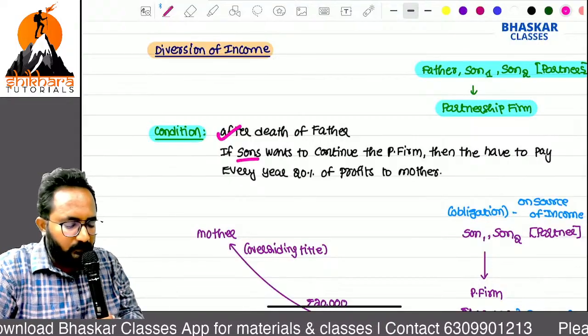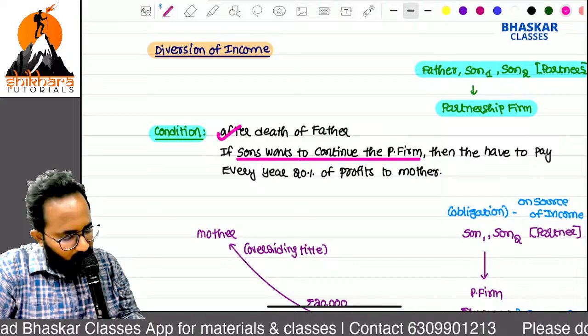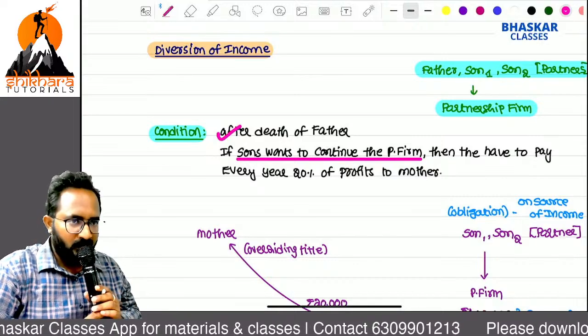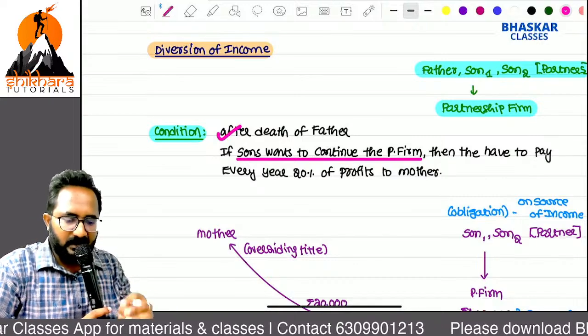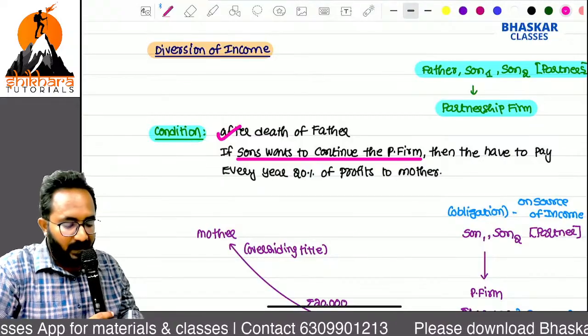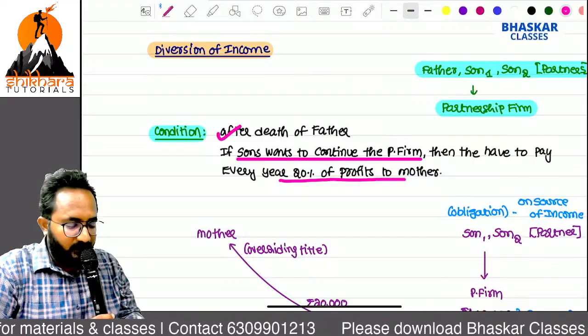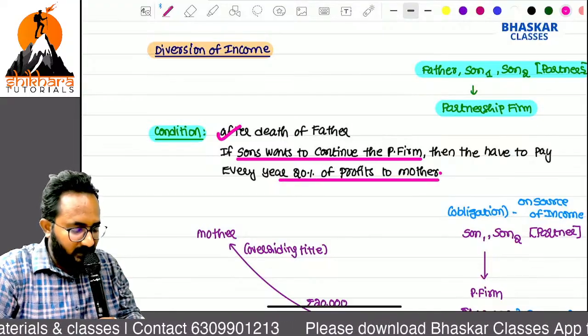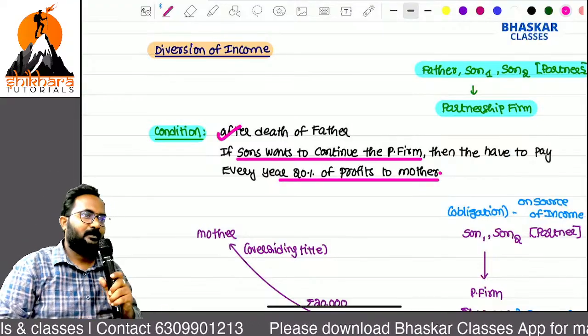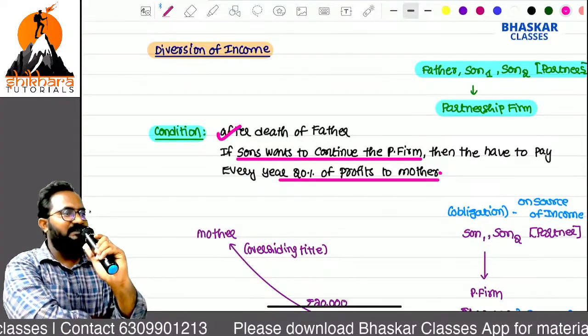Actually, if the sons want to continue the partnership firm, one condition they wrote in the partnership deed: they have to share 20% of the profits of the partnership firm with the mother. What is the condition the father inserted, ma?